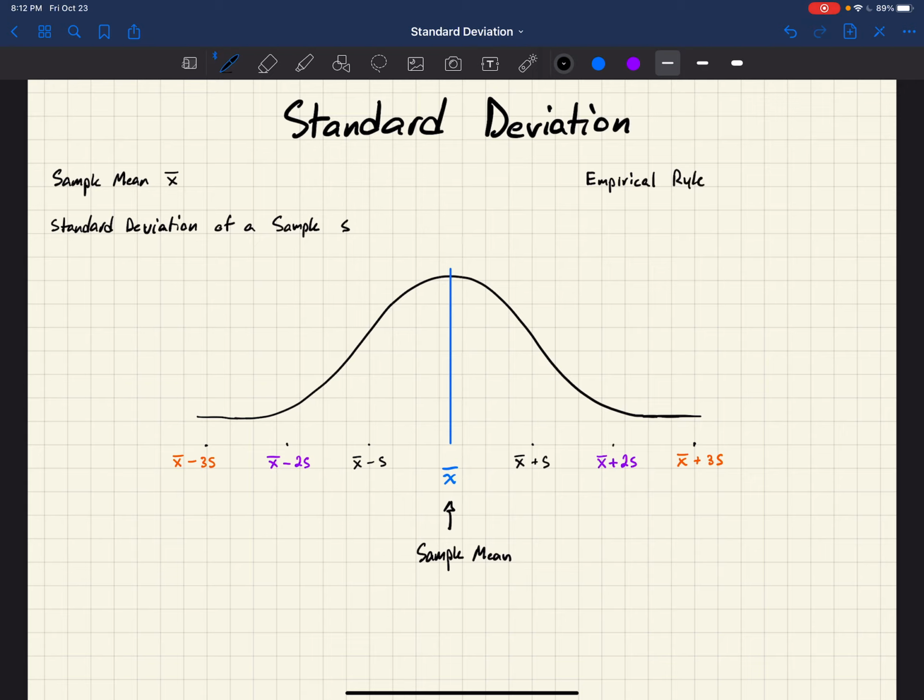The empirical rule says that if you have data that follows a standard bell-shaped distribution, then about 68% of the data will be within one standard deviation above and one standard deviation below the mean. So that's plus or minus 1 S, one standard deviation from the mean.